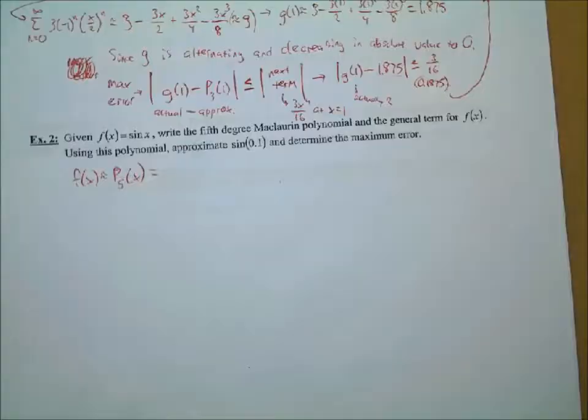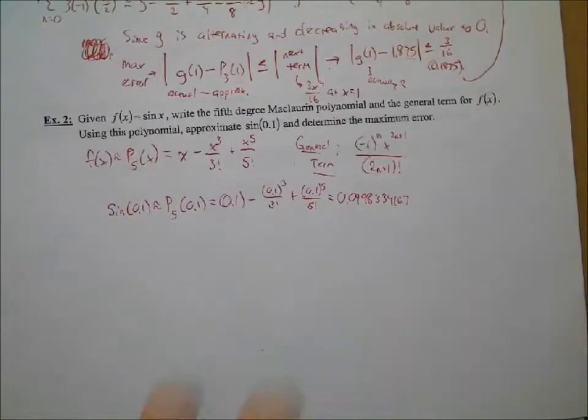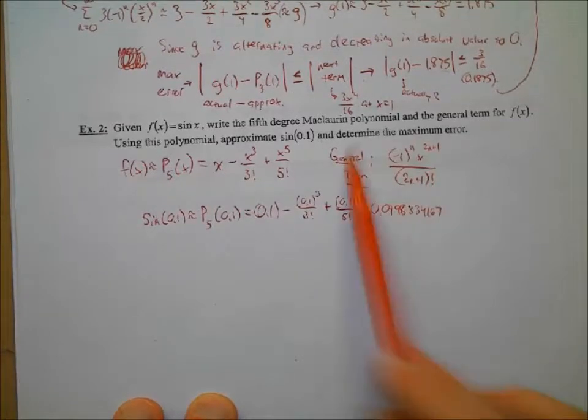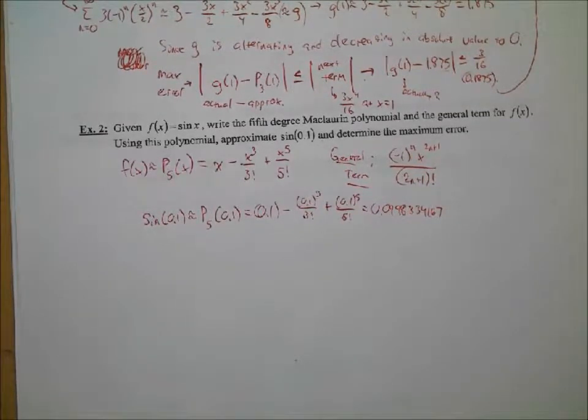Okay, so hopefully you got something like this. The general term: we know sine is going to be the odd degrees. So for the fifth degree, we're going to have x to the 1 over 1 factorial minus x to the 3 over 3 factorial plus x to the 5 over 5 factorial, and so on and so forth if we wanted to keep going, but we only need the fifth degree terms.